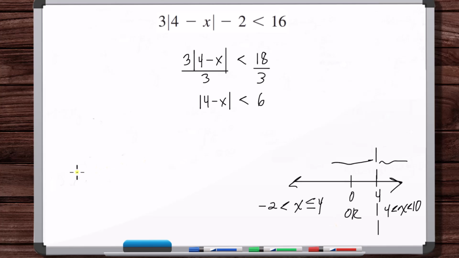If we're going from -2 to 10, 4 is in the middle. So we've got x is greater than -2 and less than or equal to 4, or greater than 4 and less than 10. So we can see the "or" between these two is going to be this.